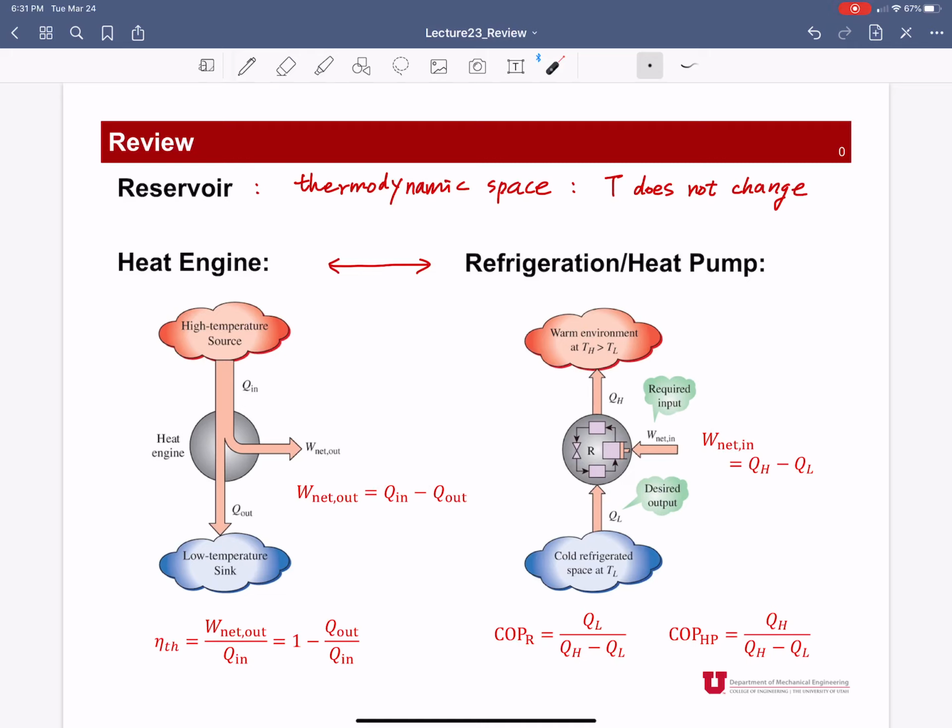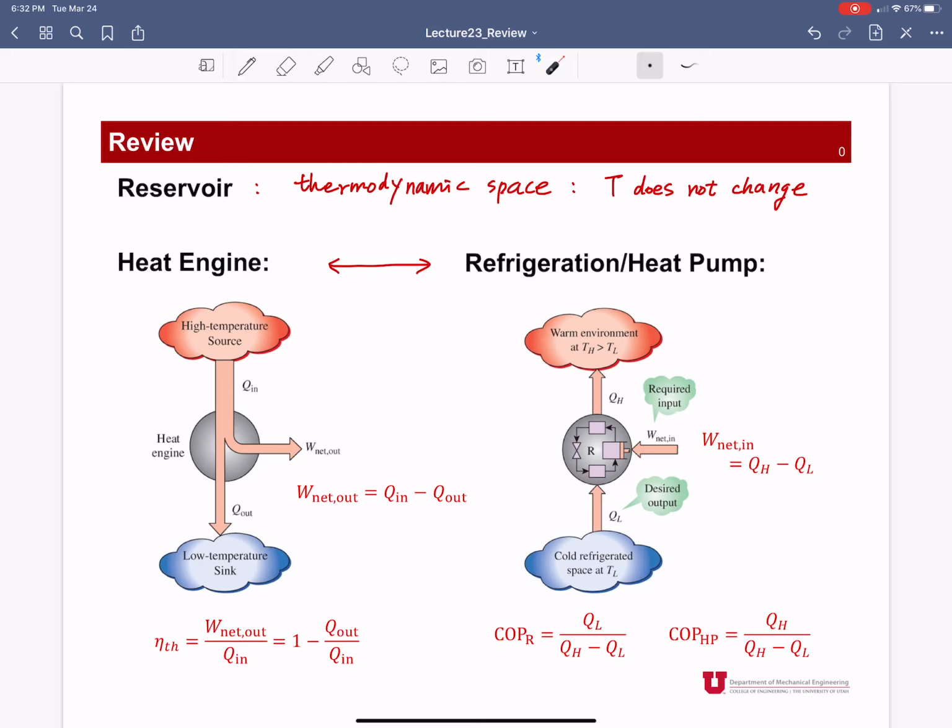Then how about refrigeration? Now we still need three components. One is now the warm environment. In that case, it should be acting as a heat sink. And now we have the cold refrigerated space at TL. So that can be the heat source. Now we have a refrigerator or heat pump cycle placed in between.